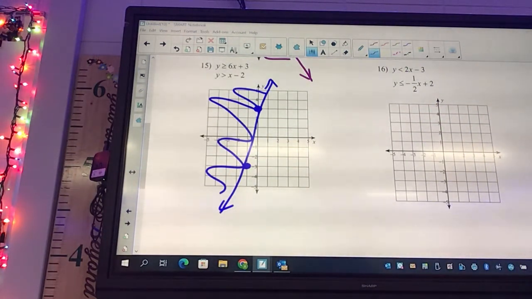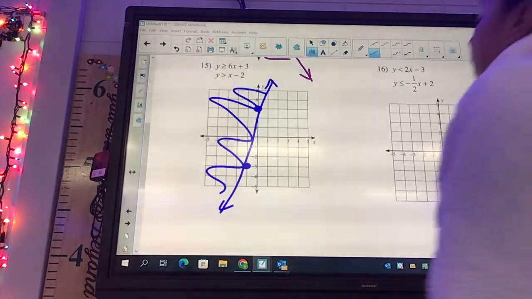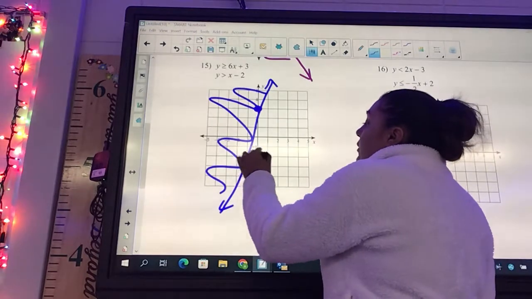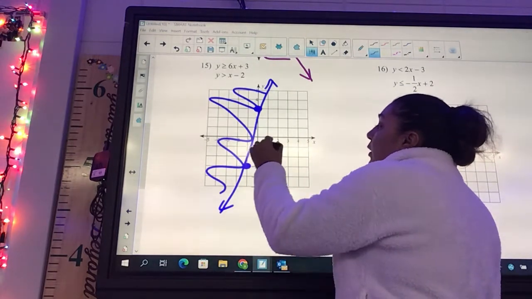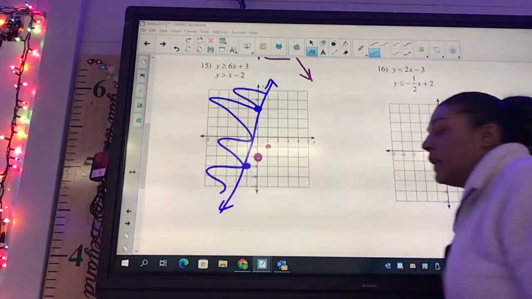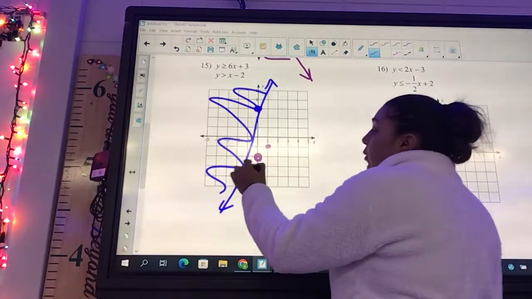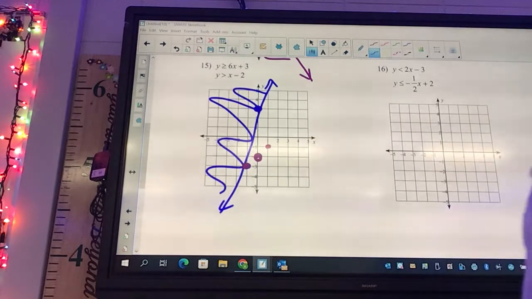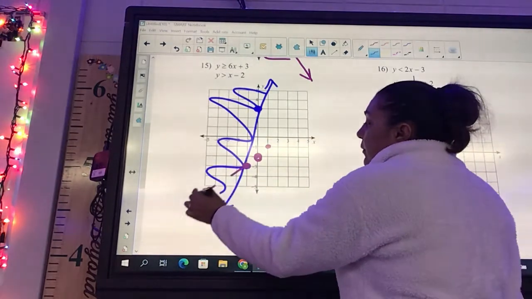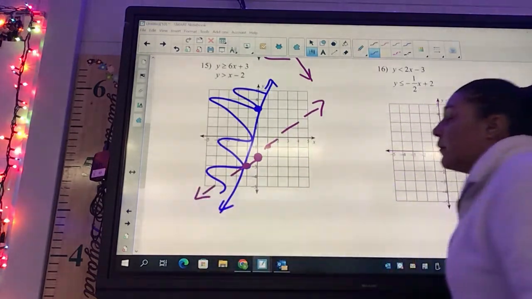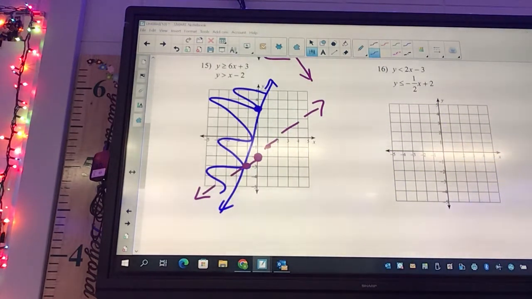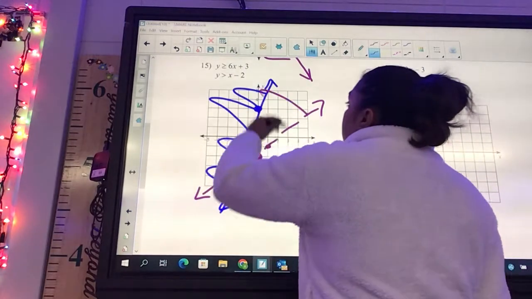Just draw me an arrow to this one and then to that one. Line 2 starts at negative 2, and my slope is 1. If we go up 1 over 1, I'm never going to intersect there, so I really need to go down 1 over 1. That's going to be a dotted line, and on that one, I need to shade above.